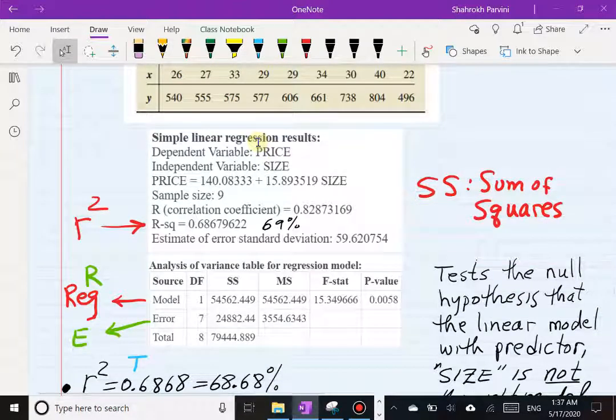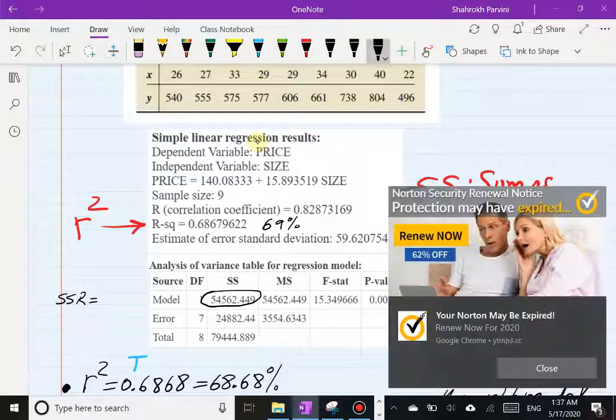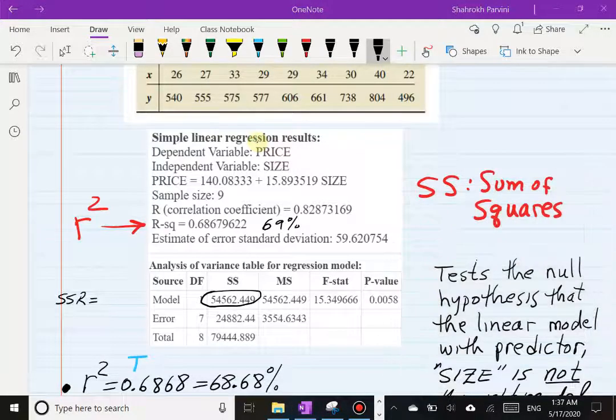I have highlighted these, but let me actually write the answer to part A. The SSR, the regression sum of squares, is this number, 54,562.